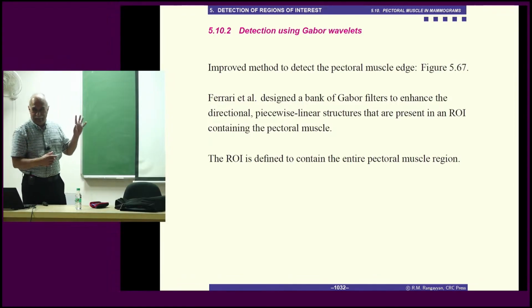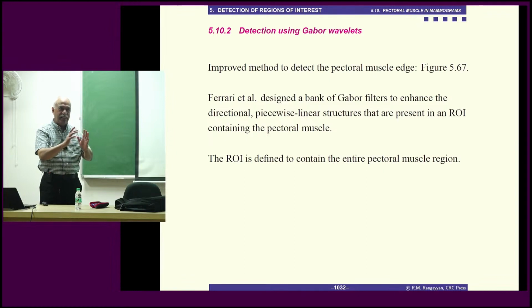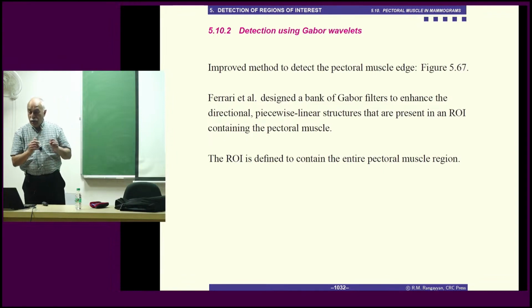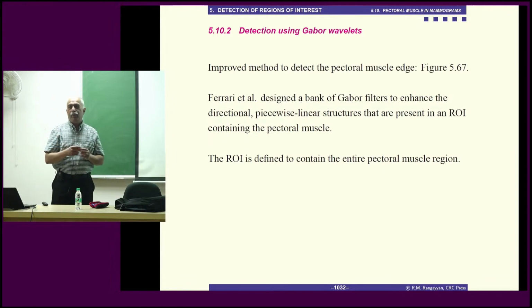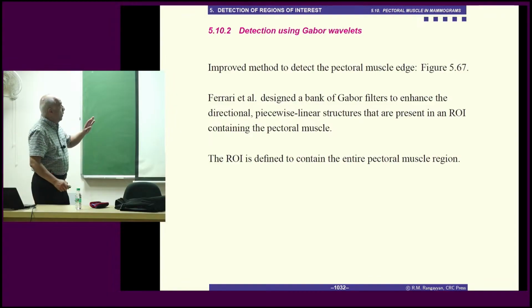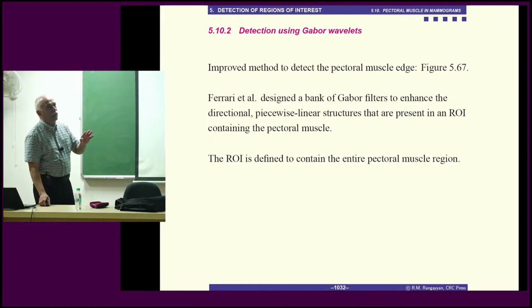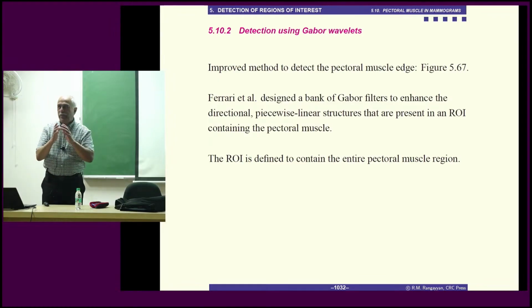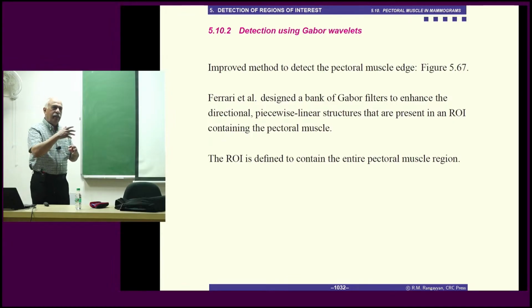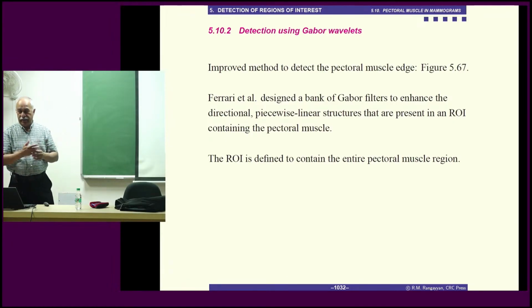You don't need Gabor wavelets here, but we have again put constraints to minimize computation. We will look at Gabor filters later in more detail in the chapter on analysis of oriented patterns.